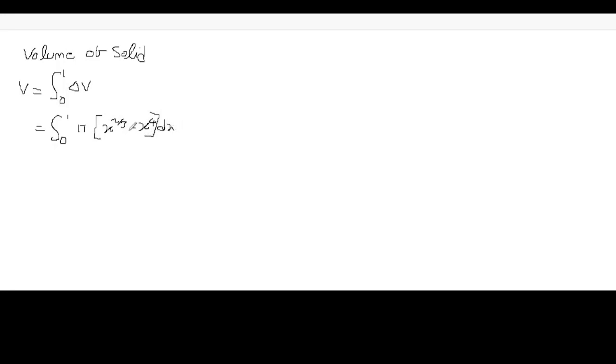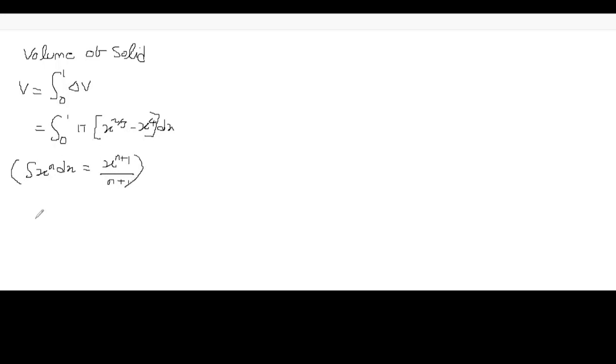Now by using the basic formula, the integration of x to the power n dx is equal to x to the power n plus 1 divided by n plus 1.